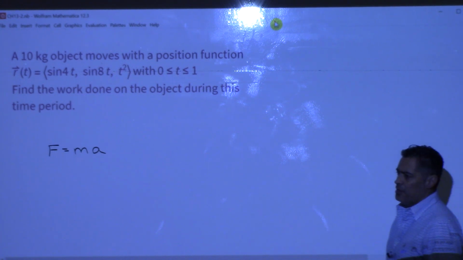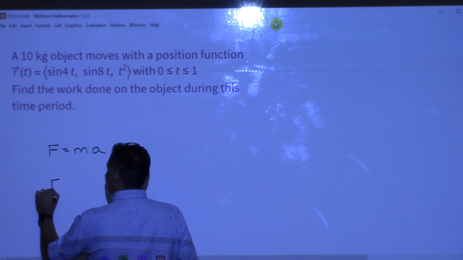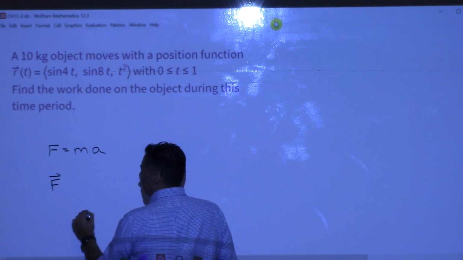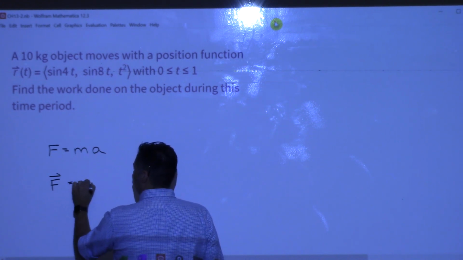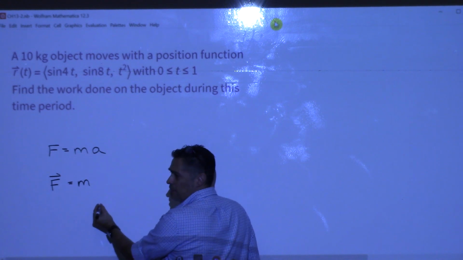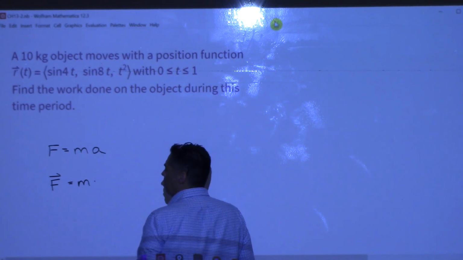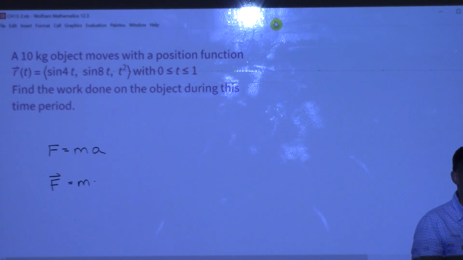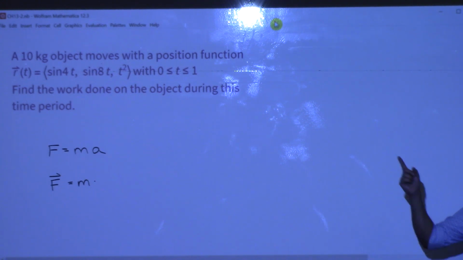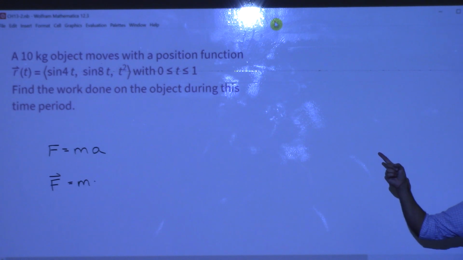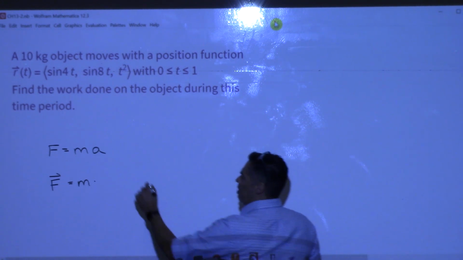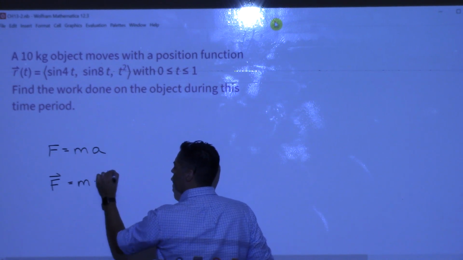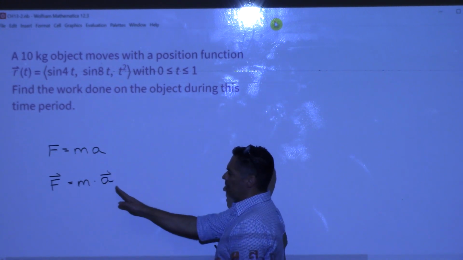Okay, so for us, we're going to convert this. Force is going to be our field, which equals the mass of the object, which for us is a constant, isn't it? Times the acceleration of the object. How can we calculate the acceleration of this object? The second derivative of its position. So instead of having acceleration as a constant, a number, it's going to be a vector.